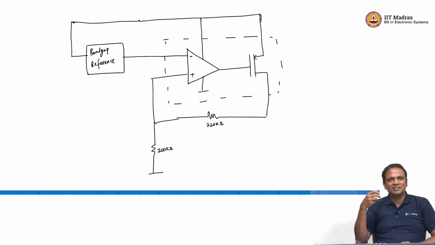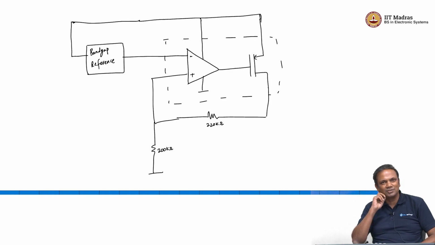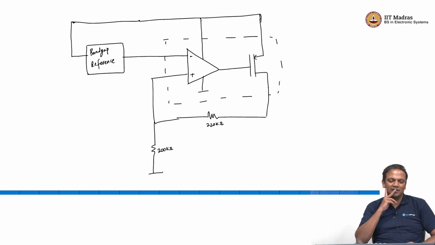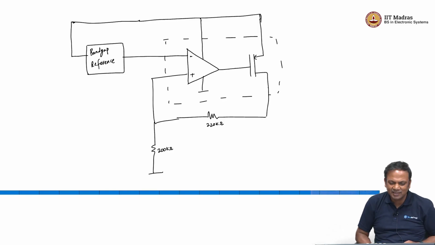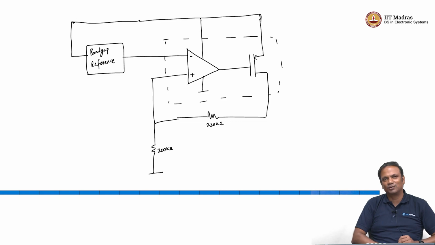A band gap reference is a reference that uses certain properties of different diodes and transistors to be able to generate a voltage that is relatively immune to both supply voltage and temperature. So, it is using the physical nature of the variation in some of these components, and putting them together in a way that makes it invariant with respect to temperature.